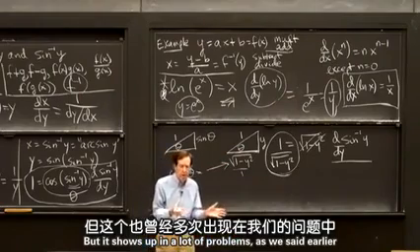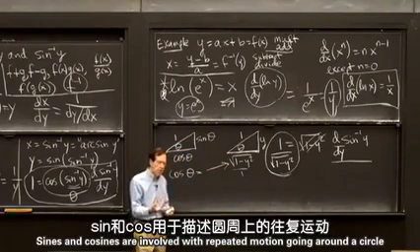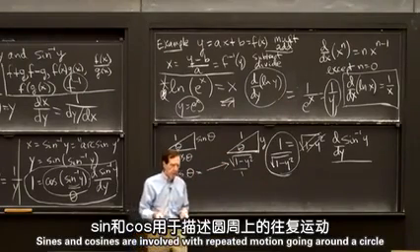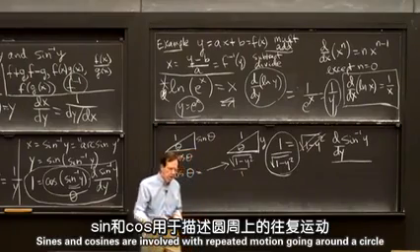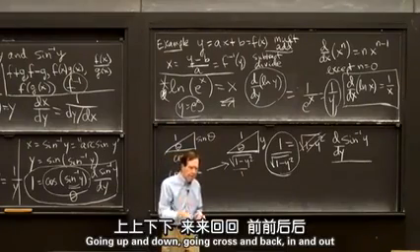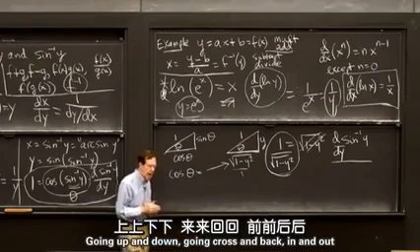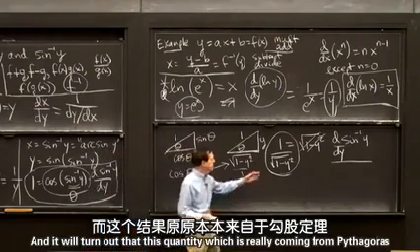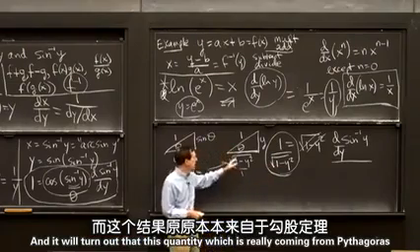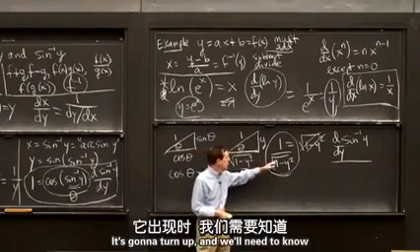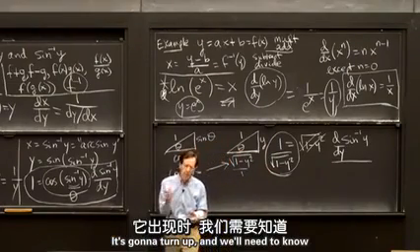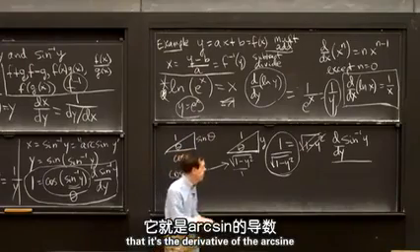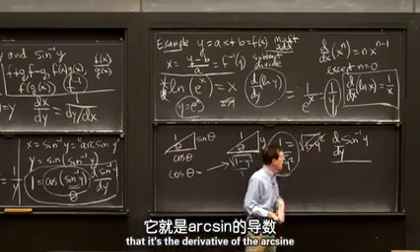As we said earlier, sines and cosines are involved with repeated motion, going around a circle, going up and down, going across and back, in and out. And it will turn out that this quantity, which is really coming from Pythagoras, is going to turn up, and we'll need to know that it's the derivative of the arc sine.